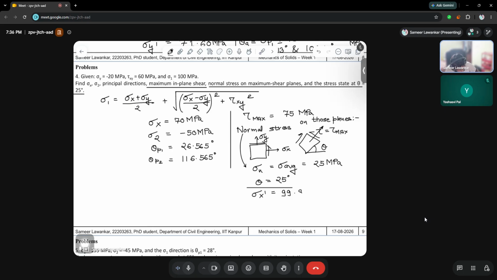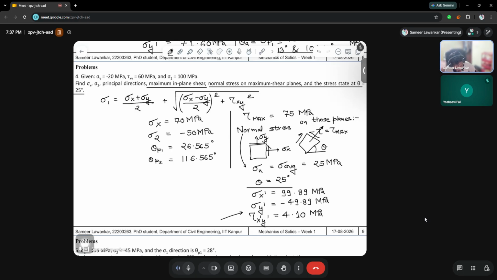So it is 99.89 MPa. Sigma y dash at theta equal 25 degree is minus 49.89 MPa, and sigma x dash y dash is basically 4.10 MPa. Okay, so that was a complete question.